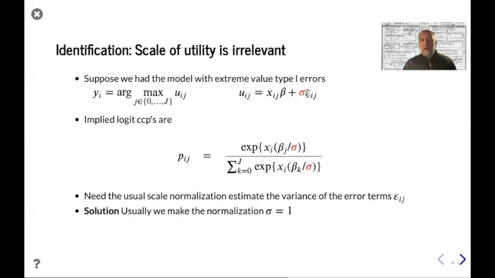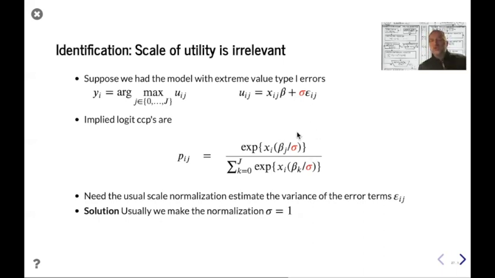You multiply that error here with some scale factor that scales up the variance. Now the implied conditional choice probabilities are going to be logit. If you divide everything through with sigma, the errors are still extreme value type 1 distributed with the usual variance. So then you get beta divided by sigma, and that doesn't change the maximization problem, so you get the same choice probabilities.